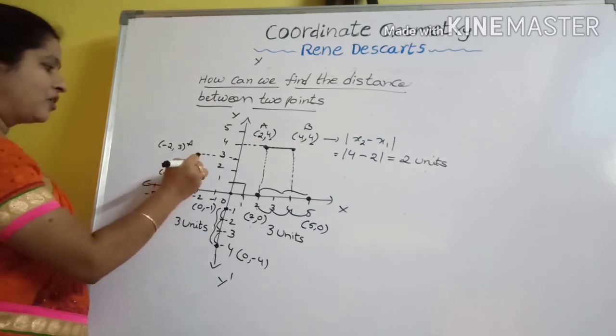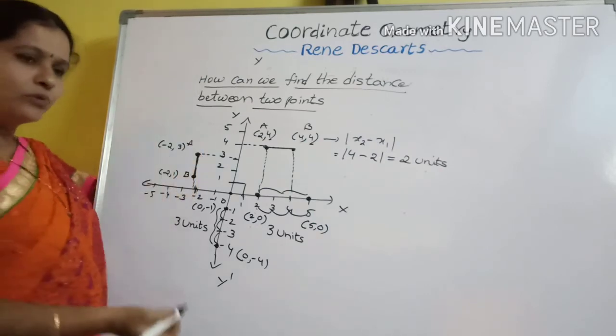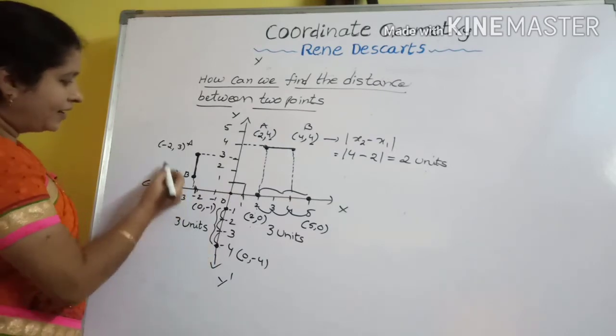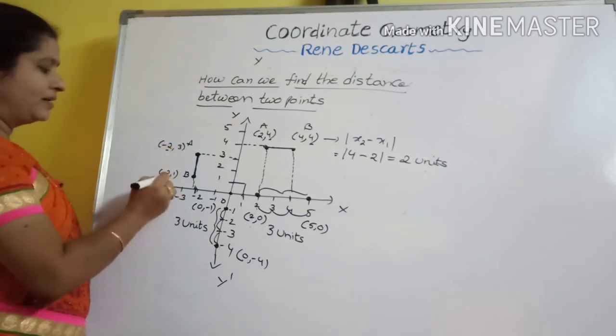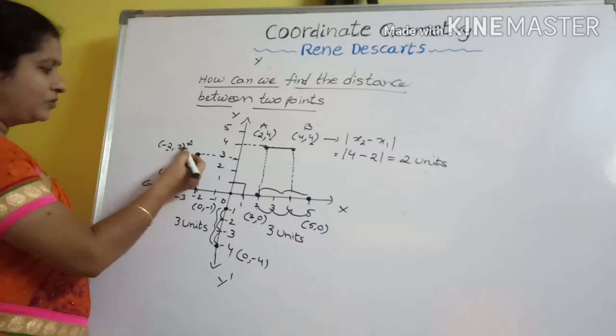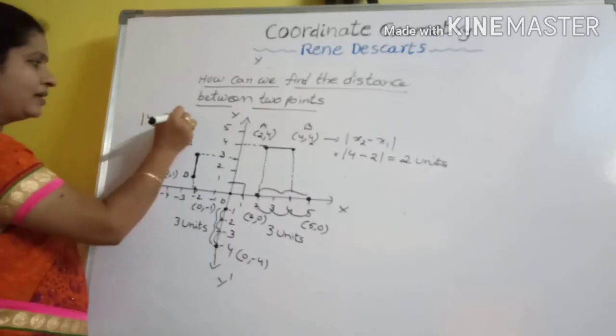The line joining these 2 points is parallel to y-axis. That's why here x coordinate values are equal, minus 2, minus 2. So modulus of x2 minus x1 is 0, and the formula is modulus of y2 minus y1.